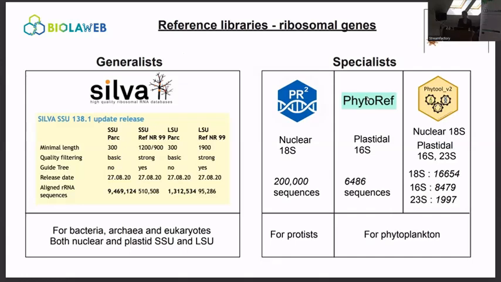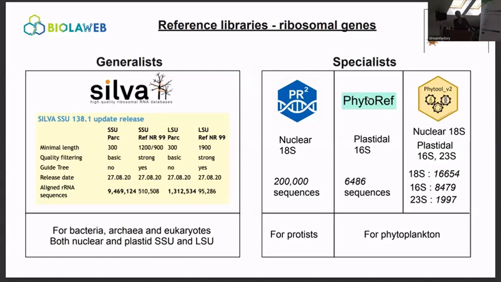For the ribosomal genes, one of the most famous databases is SILVA, that gathers high quality sequences for bacteria, archaea, eukaryotes, and also for the mitochondrial and chloroplastic genes.